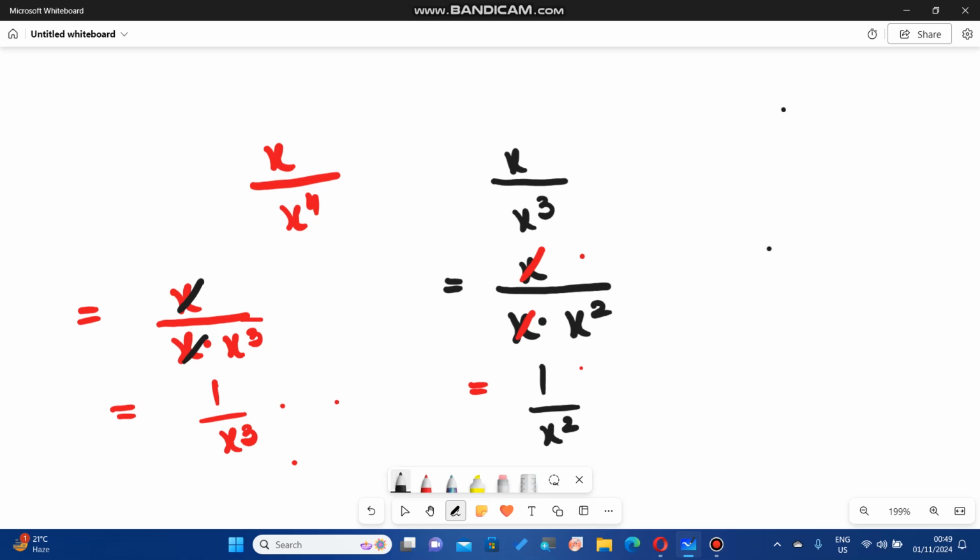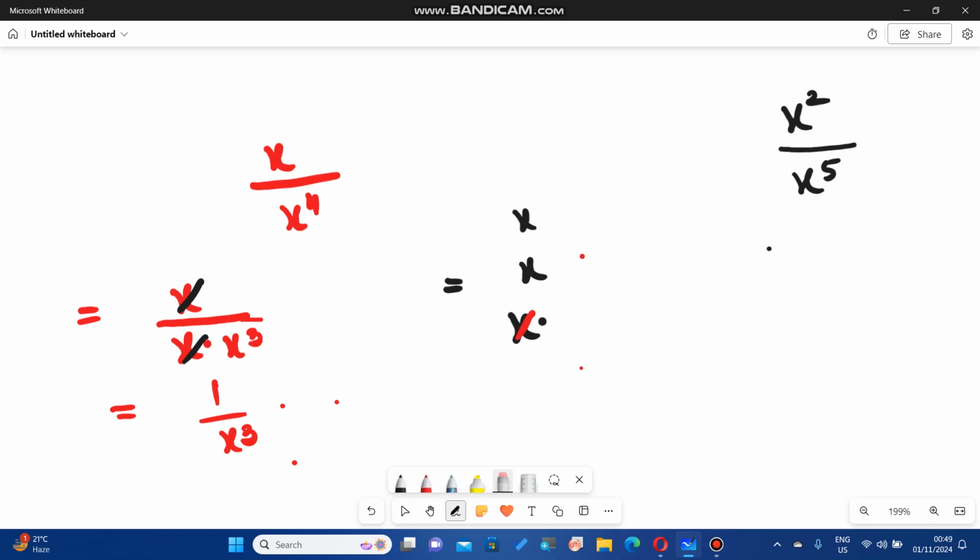Let's say we have x squared divided by x⁵. Alright. Now what are we going to write? We are going to split x⁵. How can we split x⁵? We know that we can only cancel x squared, correct? X times x, how many x's do we have? We have 5 x's.